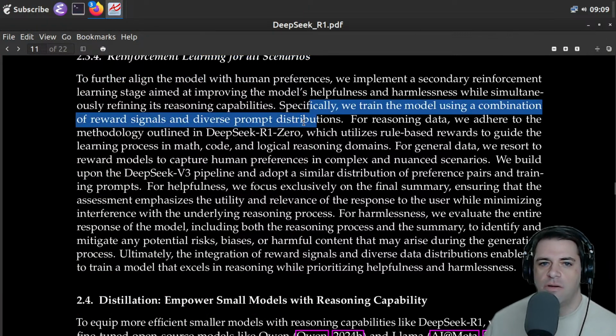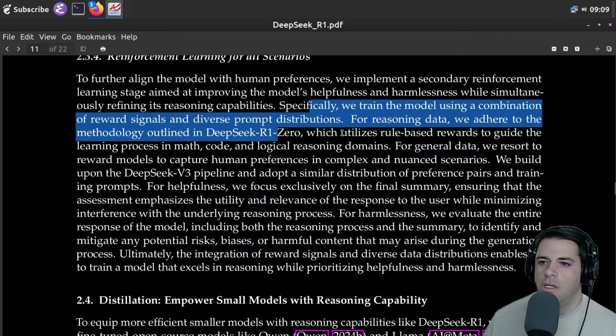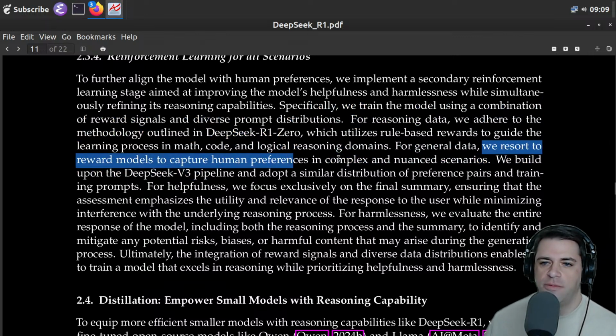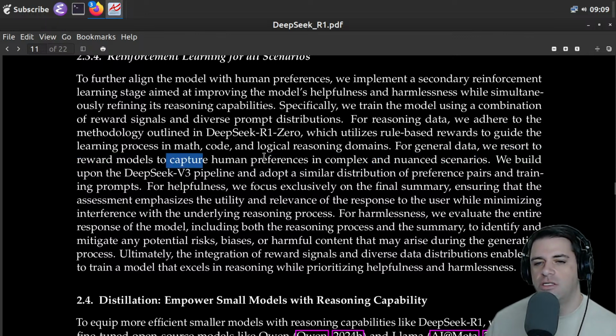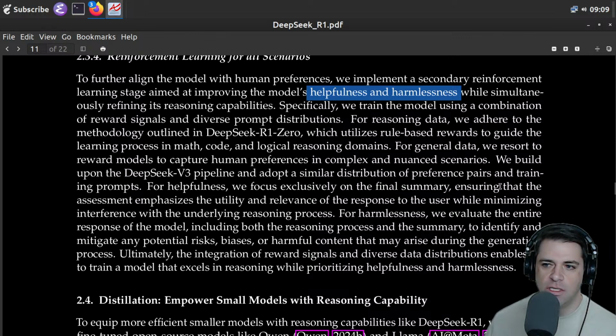They train the model using a combination of reward signals and diverse prompt distributions. Somewhere, we resort to reward models to capture human preferences in complex and nuanced scenarios. Resort to reward models sounds like they prefer not to do that, but basically they're saying there are some places where humans have concerns about harmlessness and helpfulness, like, for example, not being racist.